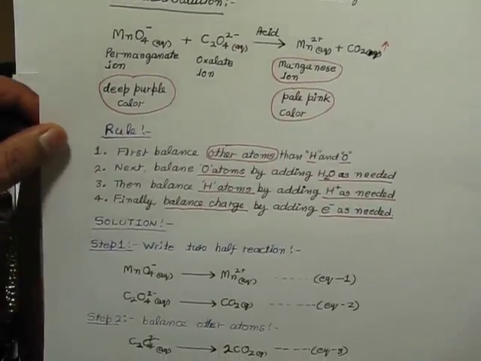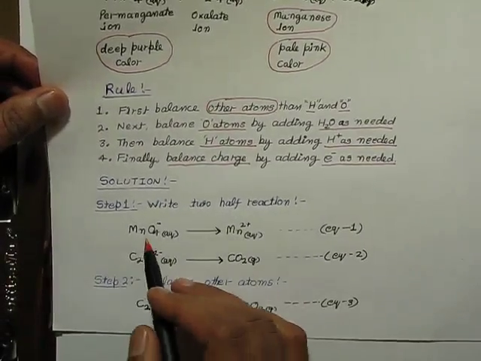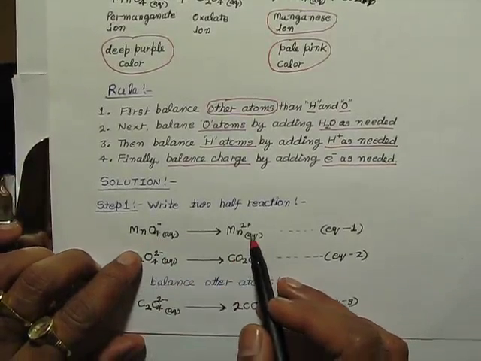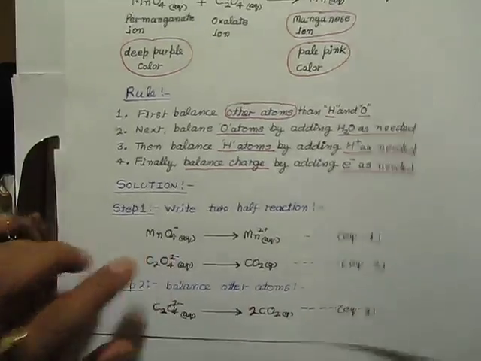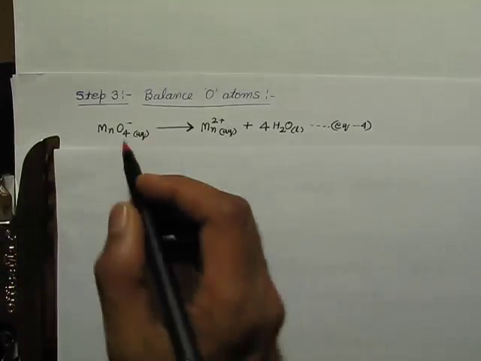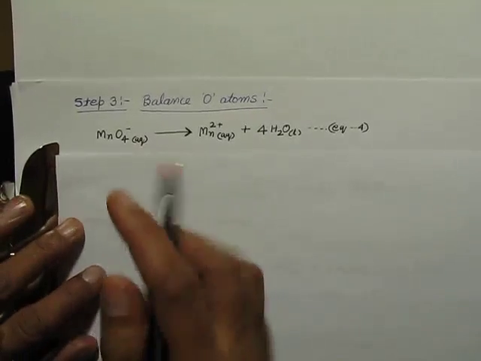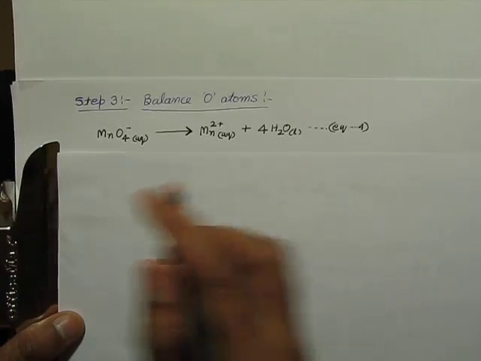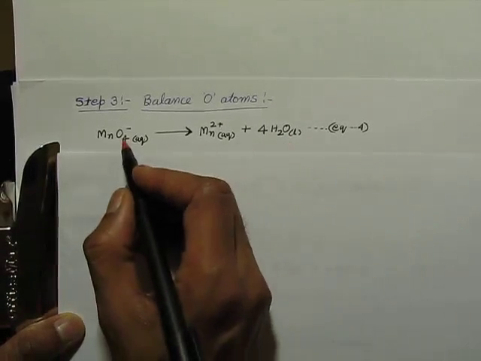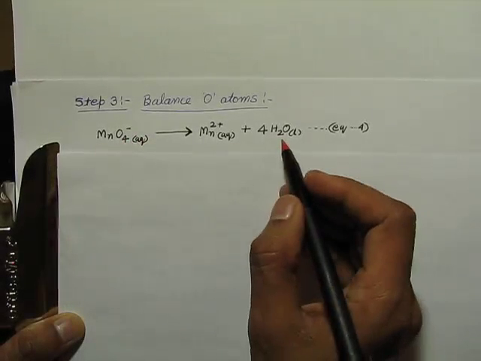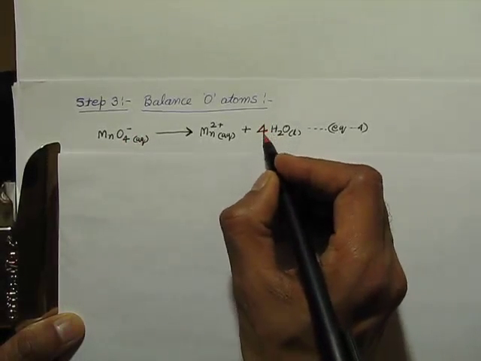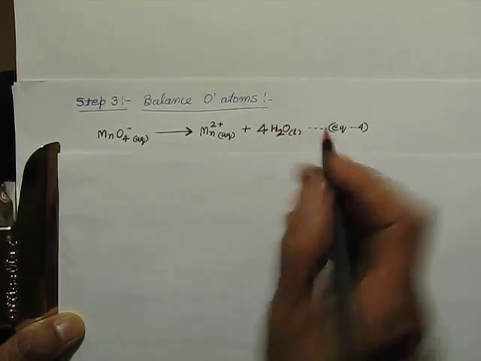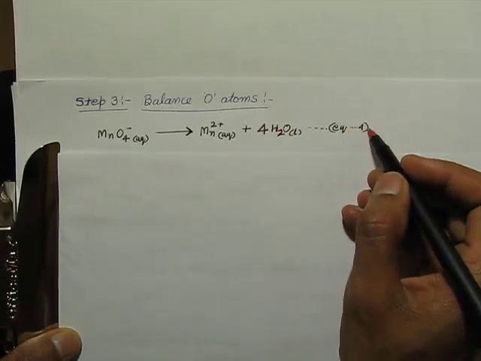You can also understand from equation number 1, where permanganate ion has 4 oxygen and manganese ion has none. To balance the number of oxygen we have to add water molecules as needed. There are 4 oxygen on the left hand side, so we have to add 4 water molecules on the product side, then we can balance the oxygen in this reaction, and we will give this equation number 4.